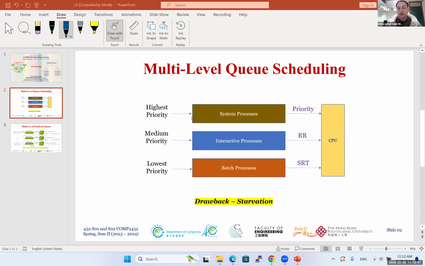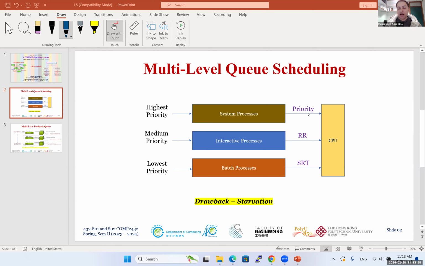Now, whenever these queues are maintaining some processes for execution, they will also maintain their scheduling algorithms. For example, system process will actually process their processes based on priority scheduling algorithm. Interactive processes will process their processes based on round robin, and the batch processes will process their processes based on the SRT. Now, these scheduling algorithms could be different or it could be the same.